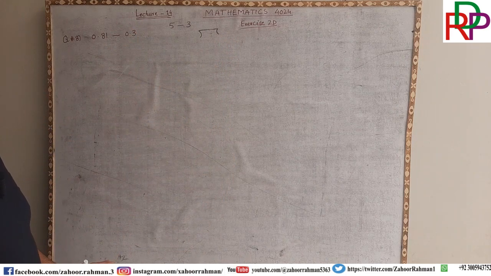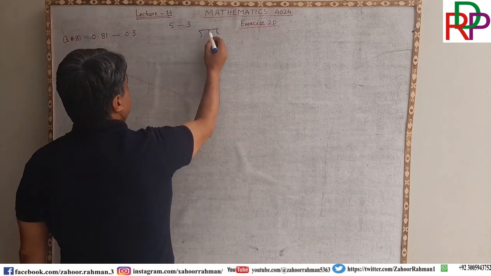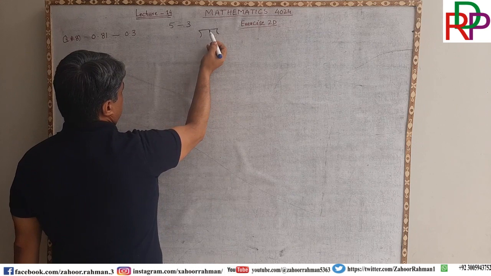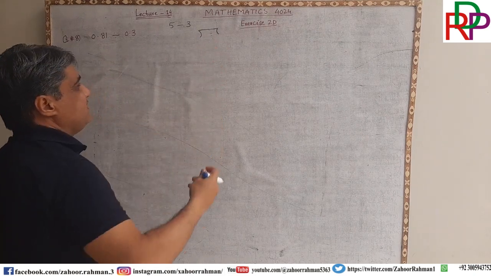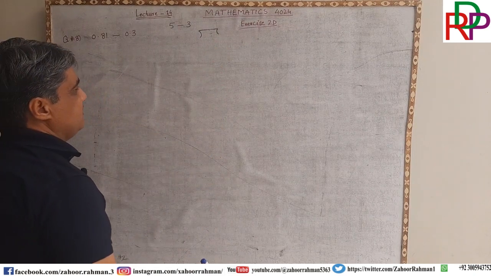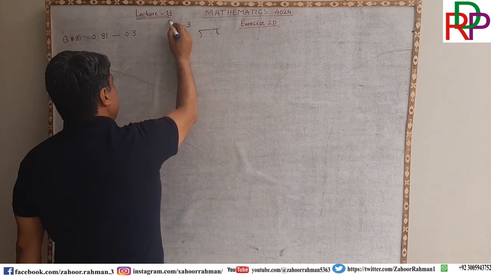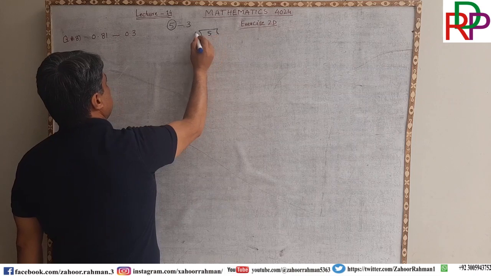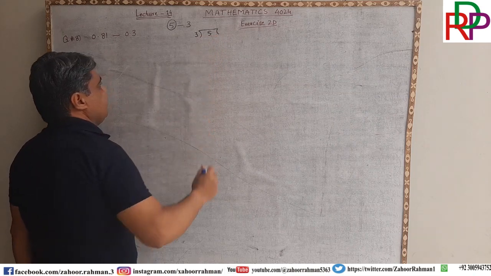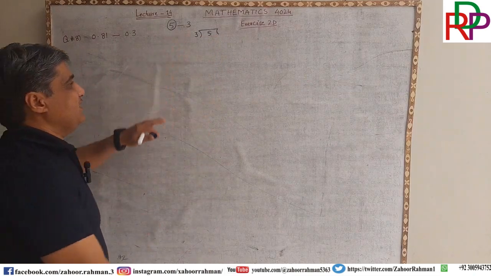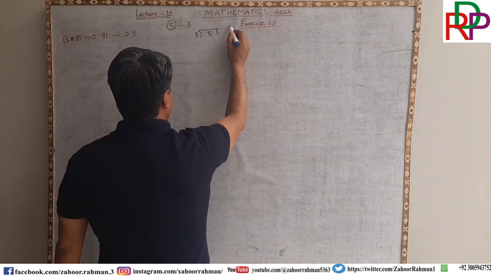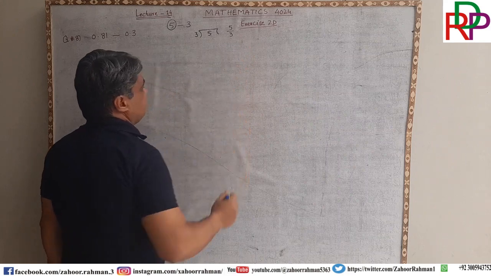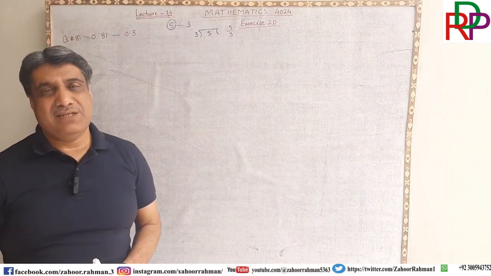They are always confusing themselves about what to write inside and what outside. Whatever is written first will be inside, and you have to divide this by 3. People also write this as 5 divided by 3.